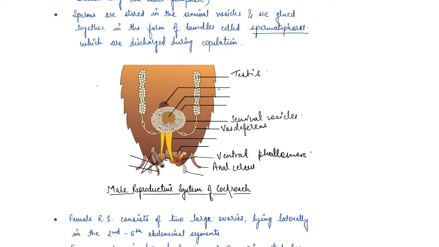So a characteristic feature is that the accessory reproductive gland is there, which is basically present at sixth to seventh segment, and these are known as the phallic gland. The phallic glands are mushroom shaped, and these function as accessory reproductive glands, right? So this is nothing but the phallic gland.